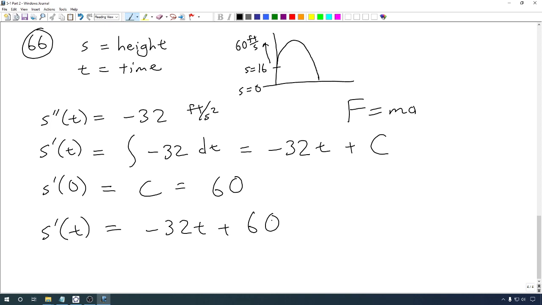Now I want the height function. We'll take the fact that our velocity is a derivative, and we'll integrate it again. So s of t is going to be the integral of negative 32t plus 60. Well, here, now we actually have to use our power rule.